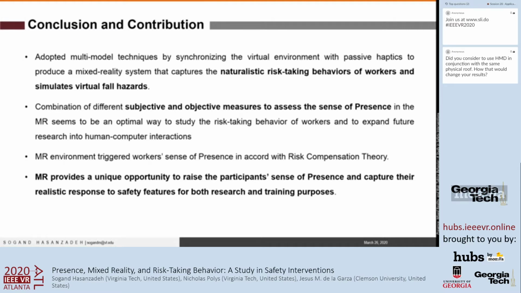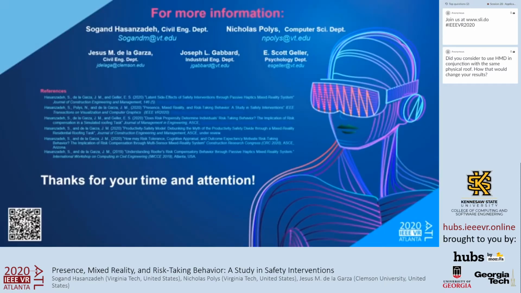And it shows that mixed reality was the optimal way to study the risk-taking behavior of workers without exposing them to the actual risk. Mixed reality also provides a unique opportunity to raise participants' sense of presence and capture realistic responses to safety measures, both for research purposes and also for training purposes.